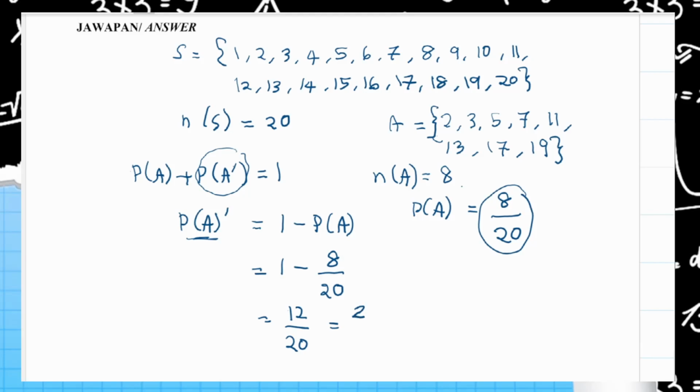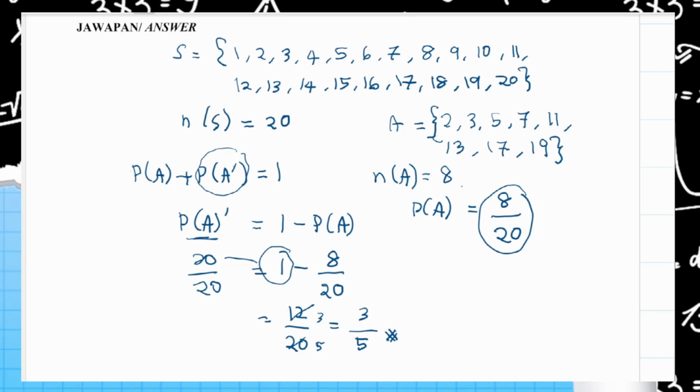You can simplify it: 3 times 4 is 12, 5 times 4 is 20. So 3 over 5. Remember, the 1 here actually represents 20 over 20.